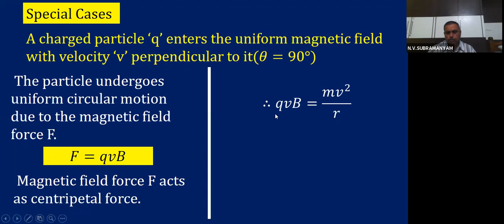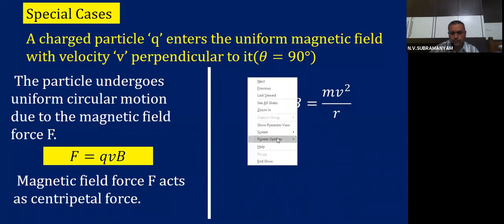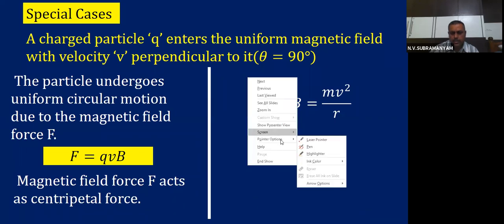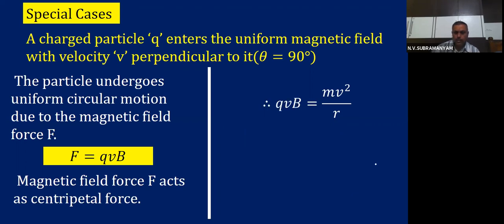That means QVB must be equal to mv square by r. You know that the centripetal force formula is what? Mv square by r. M is the mass of the charged particle. V is the velocity of the charged particle. R is the radius of the circular path. Yes or not? So, in the diagram, if you see carefully, the particle moves in a circle.